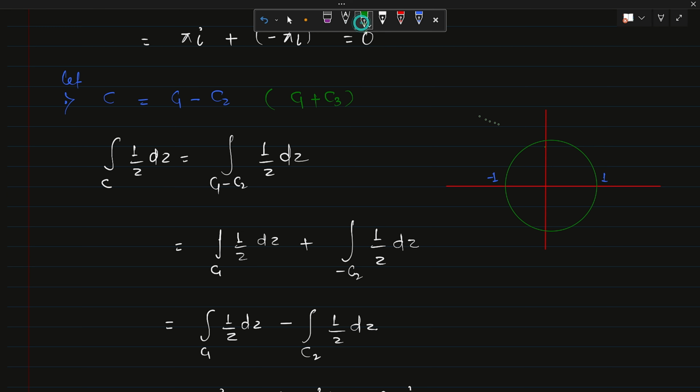Now look at this scenario. पहला जो कर्व है C1 वो हमारे लिए 1 से -1 को ज्वाइन करता है, और जो C2 कर्व था वो भी 1 से -1 की तरफ जा रहा था. But if you are taking the negation of this, then the curve is like this. Okay, so now the orientation of both of these curves is positive. Okay, so this is now a simple closed curve which is starting from 1 and ending with 1.